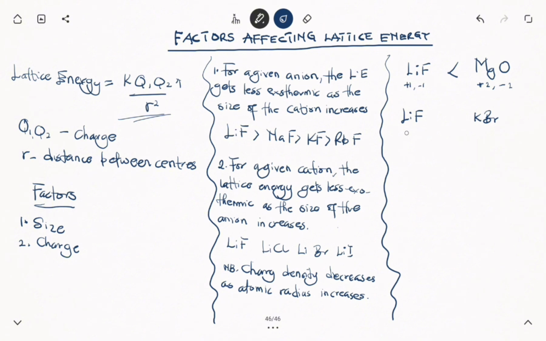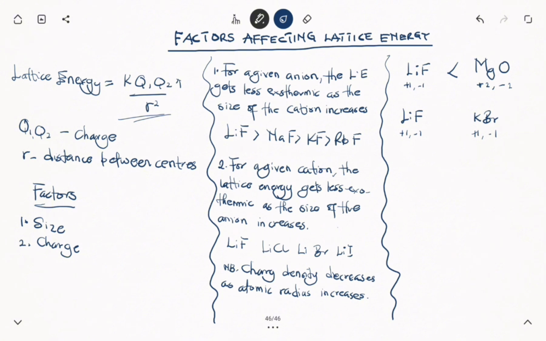Now, what about lithium fluoride versus potassium bromide? Lithium has a charge of +1, fluoride -1, potassium +1, bromide -1. So among these two, what is going to be the distinguishing factor? Lithium fluoride and potassium bromide.